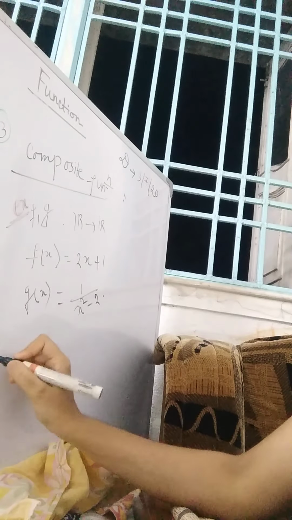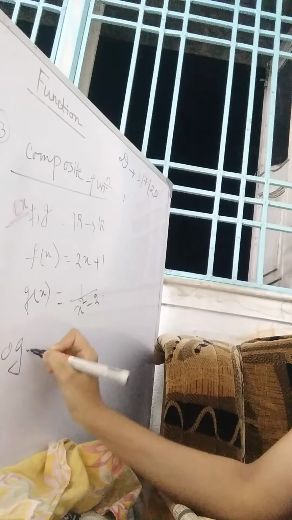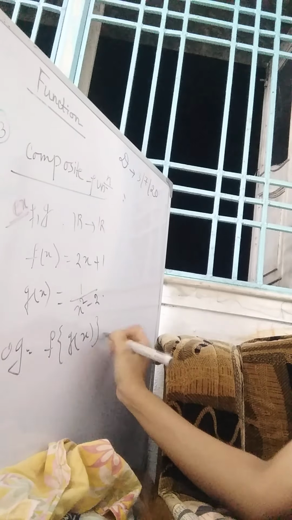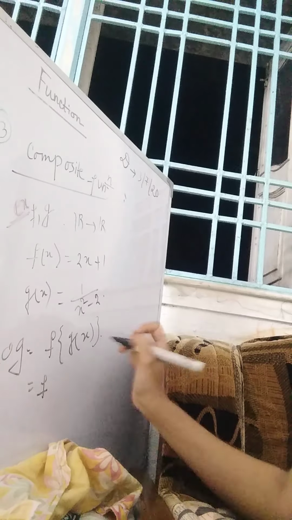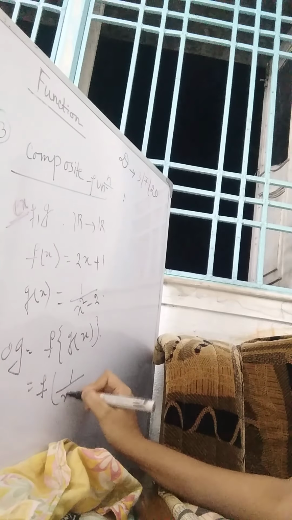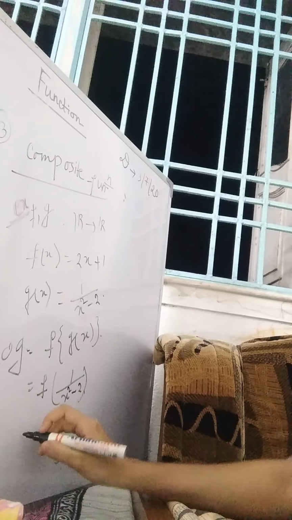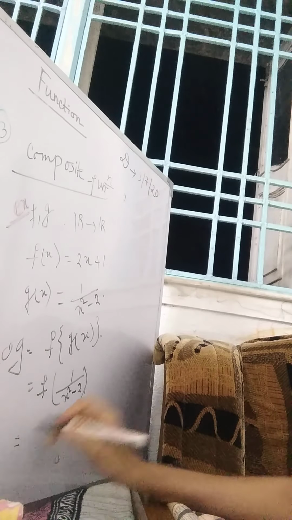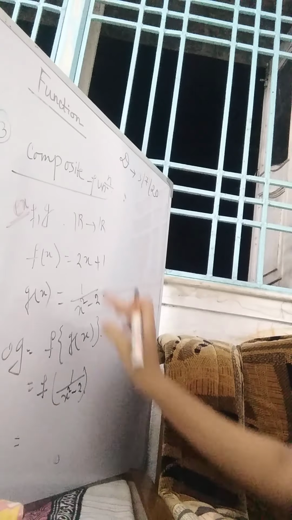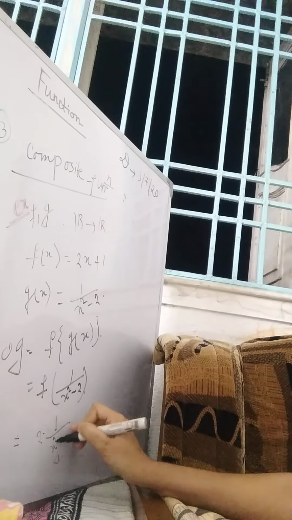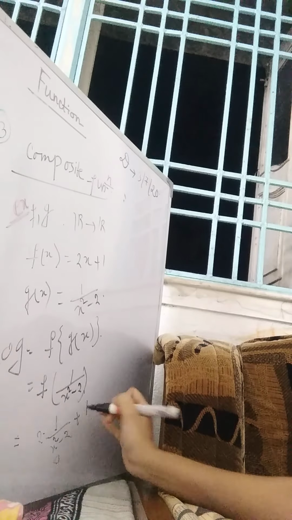Then f naught g will be f of g of x, that is f of 1 by x square minus 2. That means 2 into 1 by x square minus 2, plus 1.